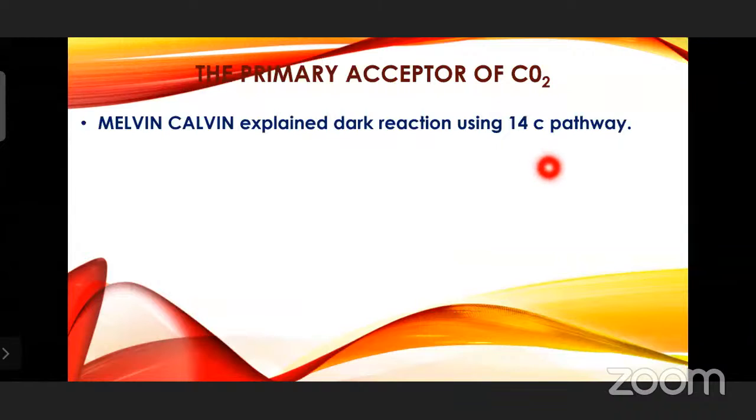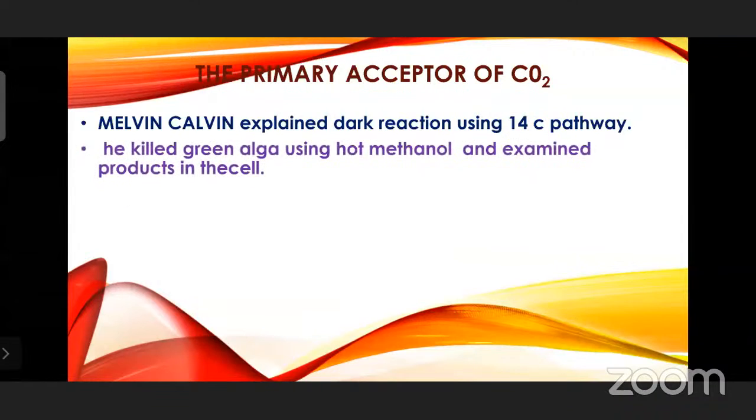A radioactive isotope, he utilized carbon 14, and in that pathway he identified who is going to accept this carbon dioxide molecule. What he did was he killed green alga using hot methanol. Green alga will be undertaking photosynthesis, and when it is killed, what will happen? It is easier to find out whatever products are present in the cell.